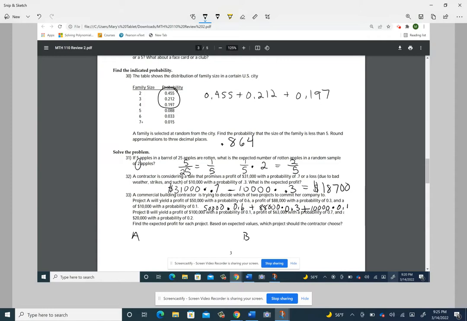Let me try to do that carefully so I get the right number. 50,000 times 0.6 plus 88,000 times 0.3 plus 10,000 times 0.1. Okay, and that would turn out to be 57,400.